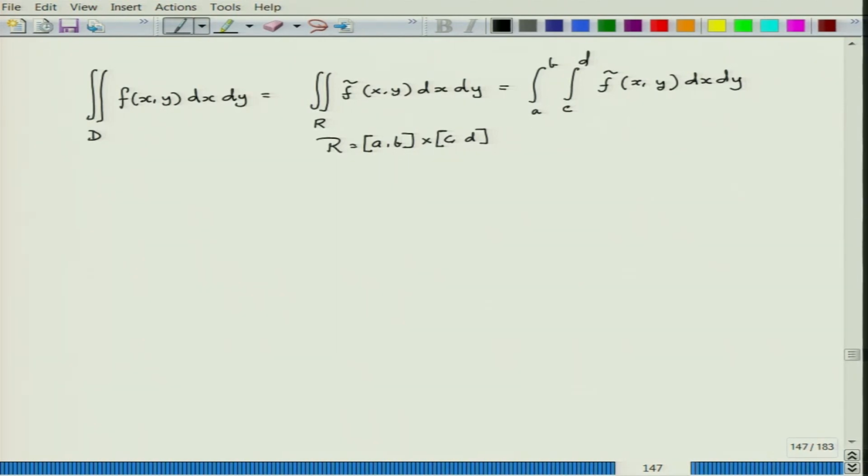This integral is again equal to the integral from C to D, integral from A to B, dx dy, because here first I integrate with respect to y, so it is dx and then dy.